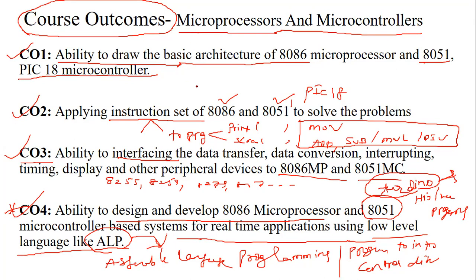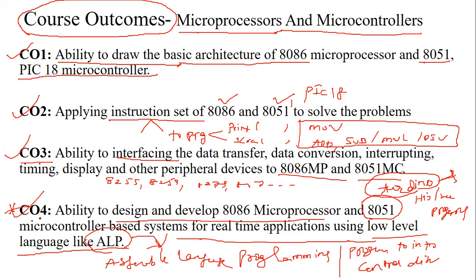These are the basic course outcomes of this microcontrollers subject. We guarantee that after the completion of this entire syllabus, you must meet these four course outcomes. In that way we can start the entire syllabus, and in that way we can take the classes every day.